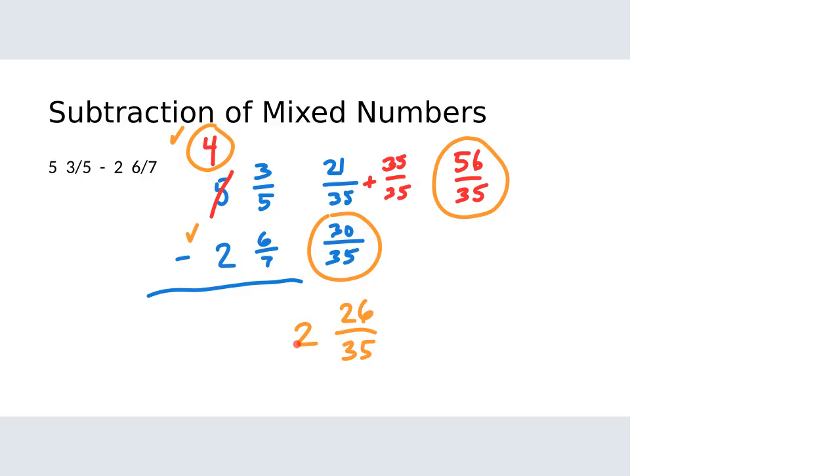That's a little more challenging than doing the addition, because here I had to borrow, and what I had to borrow was 35 35ths to be able to subtract. 26 35ths sure looks like it would reduce, but I don't think it does. So I guess we're all done there. Let me know if you have any questions on that before I have you try one that's similar. I do think this can be a little complex, so please don't be shy if you want to ask anything.